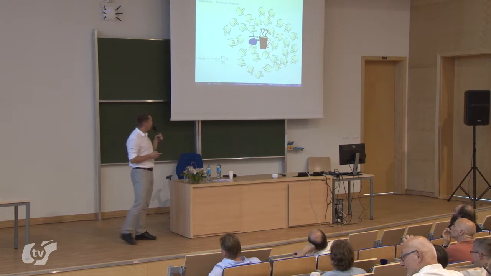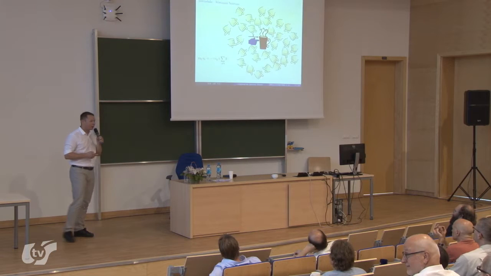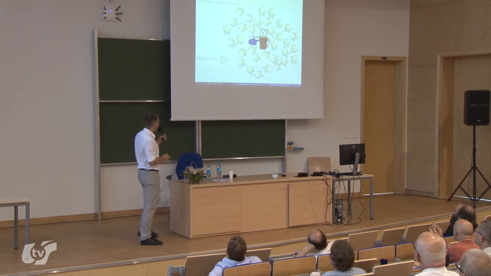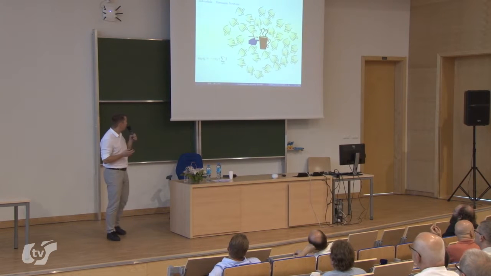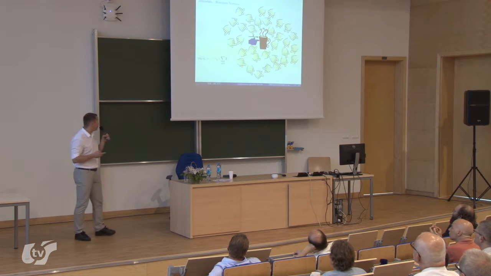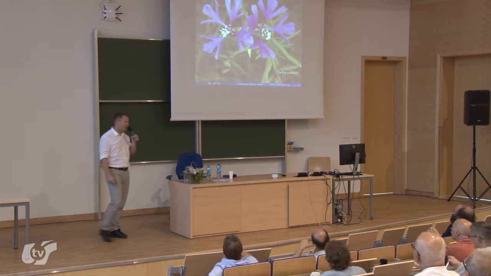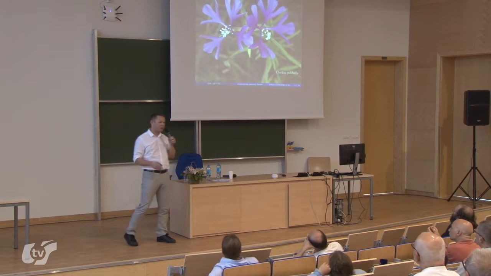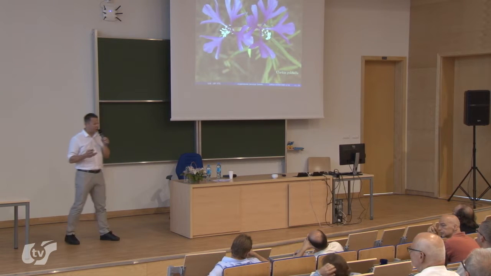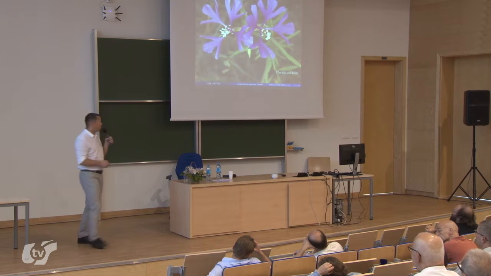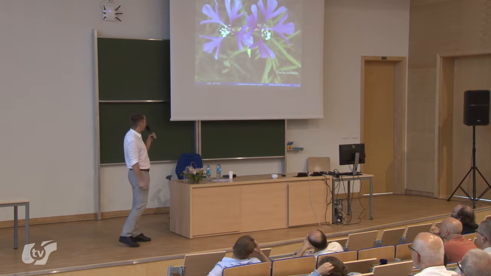Now I have to move a little bit from the main topic to show you how this thing is actually treated by theorists. So this is a plant. It's beautiful, and it's called beautiful Clarkia. And the whole story of the description of this kind of micro cup hit by the micro hands around goes back to this beautiful plant.